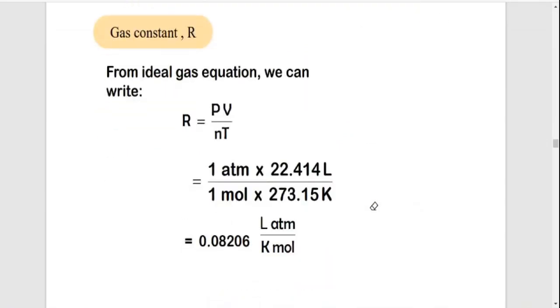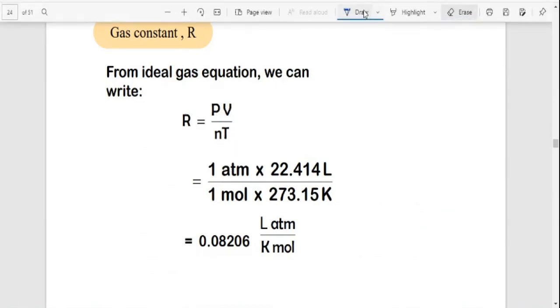So for the ideal gas equation, we can write it like this so that you can get the idea. The unit of R: pressure in ATM, volume in liter, and mole is the unit for n, the number of moles, T is the absolute temperature.